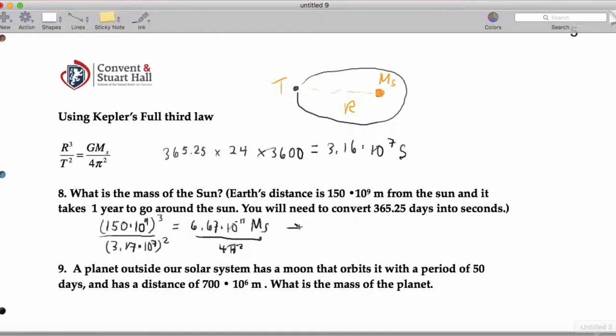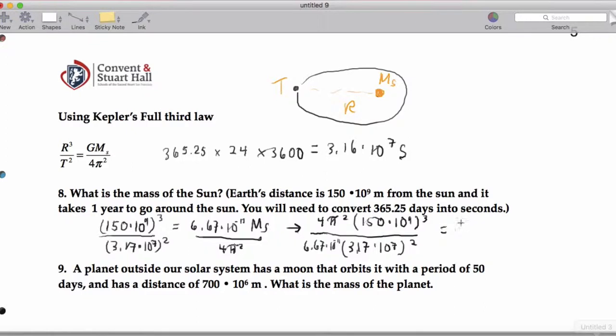Continuing to simplify, 4 pi squared, 150 times 10 to the 9th cubed, divided by 3.17 times 10 to the 7th squared. Don't forget to divide by 6.67 times 10 to the negative 11th.